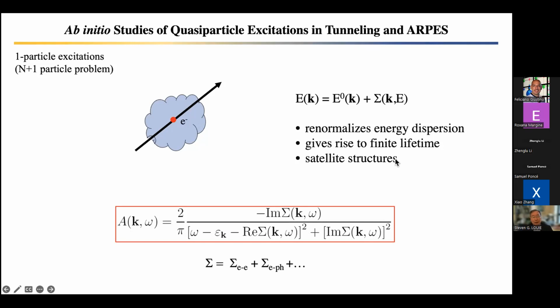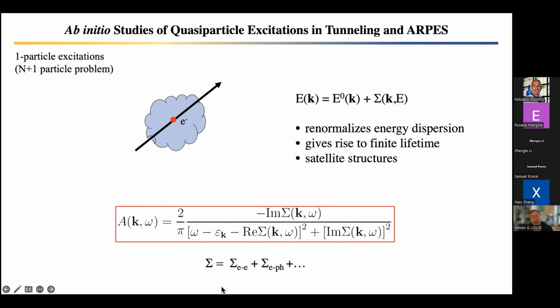So, for example, if you were to do a photoemission experiment, then the probability of creating a hole in your measurement will be given by an expression like that, which involves both the imaginary part and the real part of the self-energy.